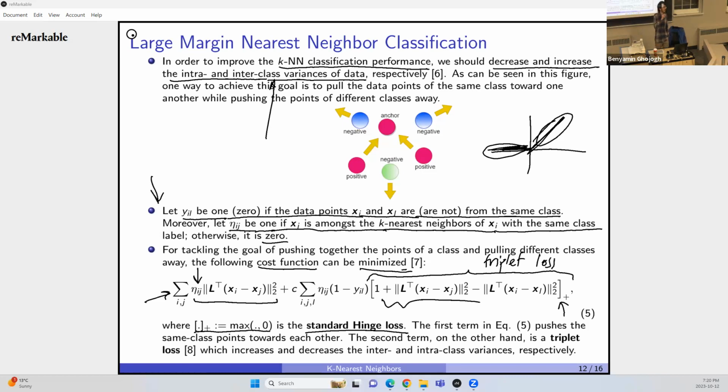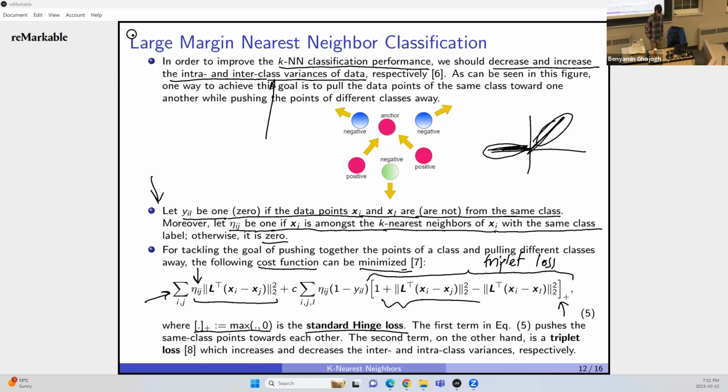Eta says whether the 2 points belong to the same class and also they are nearest neighbors of each other. Did you see the difference? Right? 2 points might be from the same class but far away from each other. Still their y will be 1, but their eta will be 0. Eta is 1 if the 2 points belong to the same class and also they are the nearest neighbors of each other. Did you get it?